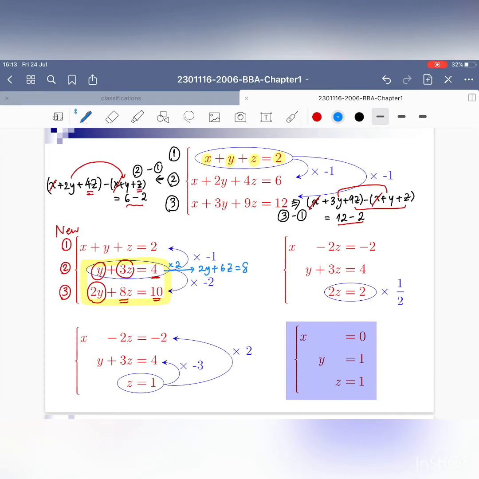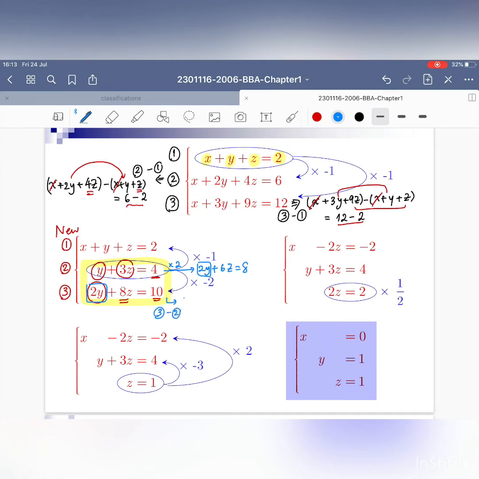Okay, this is your new number 2, and now your new number 2 has a 2y, the same as your number 3 over there. So what we need to do is change number 3 by using number 3 minus number 2.